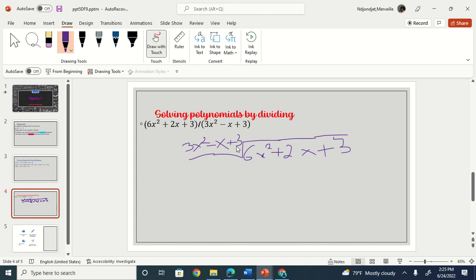So now, when dividing, you first of all divide similar terms to each other. So, for example, 6x squared divided by 3x squared is going to be 2.